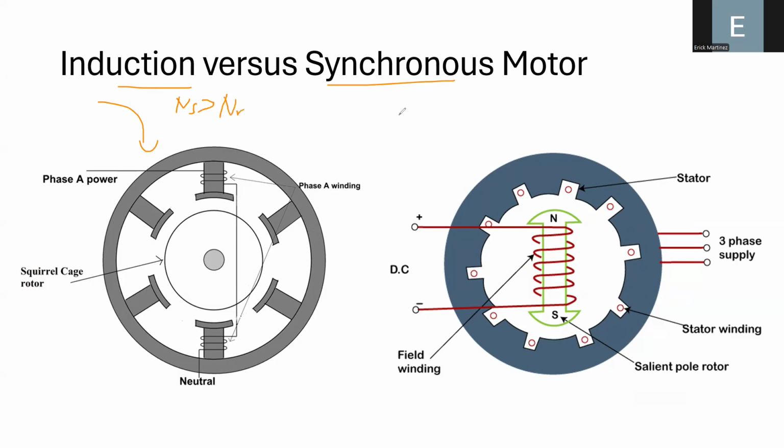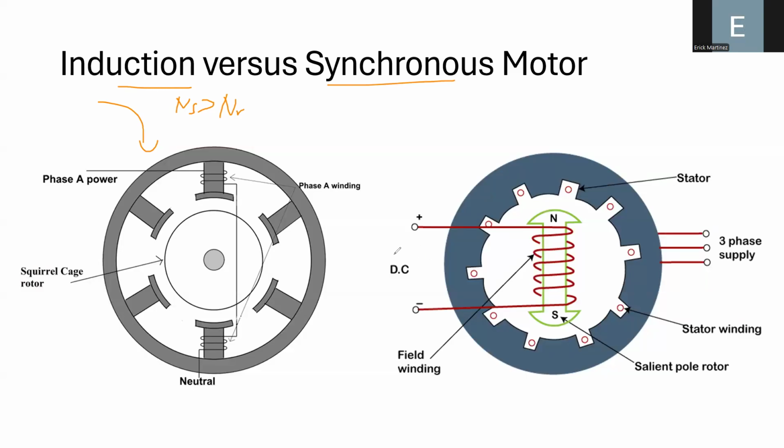In the case of the synchronous motor, we have a similar arrangement. We have a stator in which we are producing a rotative magnetic field, but in the rotor we have a conductor. In order to produce a voltage in this rotor that can help us to produce a magnetic field, what we need to do is to connect this conductor in the rotor with a DC supply.